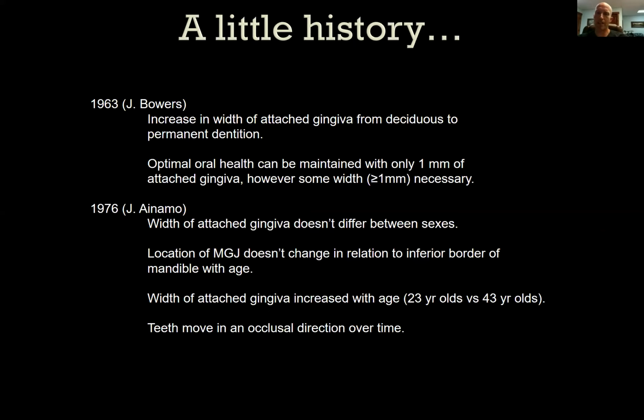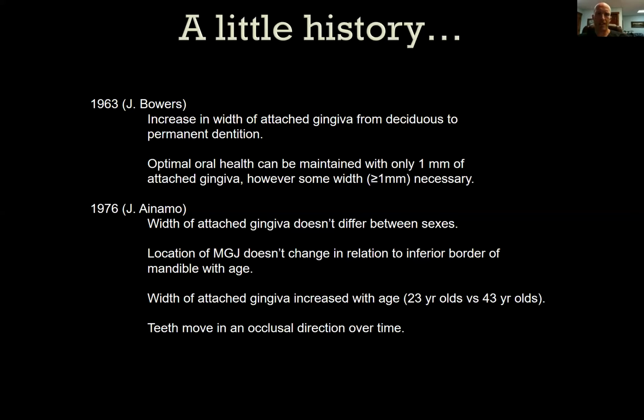He looked at the changes in the width of attached gingiva from deciduous to permanent dentition, and the study found that it increased over time. He also came to the conclusion that optimal oral health can be maintained with only 1 millimeter of that attached gingiva.